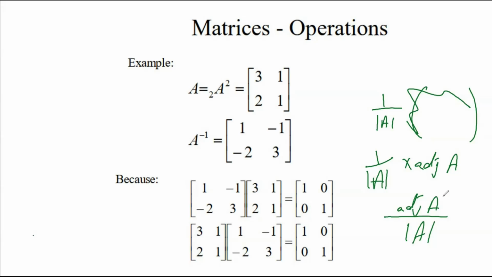But this is an actual matrix, right? This is a matrix. That's why you don't see this plenty, because you say, how do you put a matrix over a number? The determinant is usually a number, right? But you can do that. It means you're multiplying 1 over 8, which is a number.